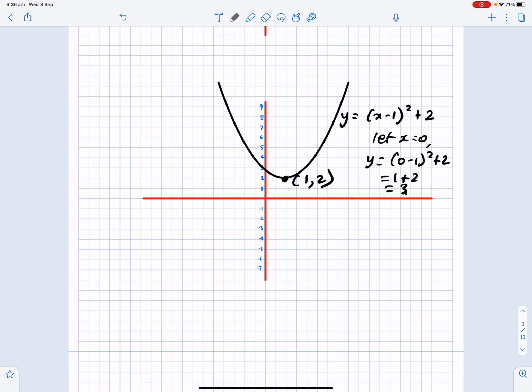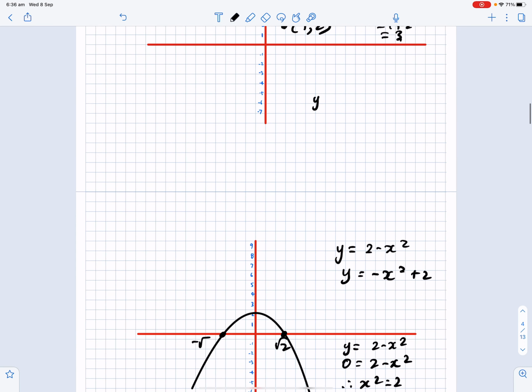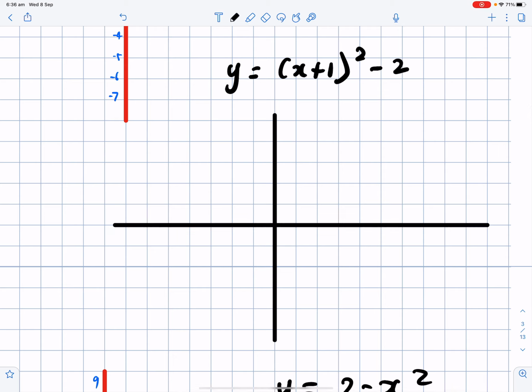So you imagine if somebody gives you a question that says y is equal to x plus 1 all squared minus 2, and they say what's your axis of symmetry and what's your vertex, you don't have to do a whole lot of extensive working. You can just draw your X and Y axes. You know that this is a normal parabola, move to the left 1 unit and then move down 2.